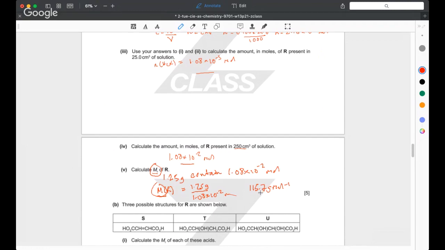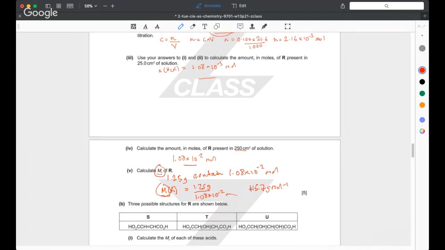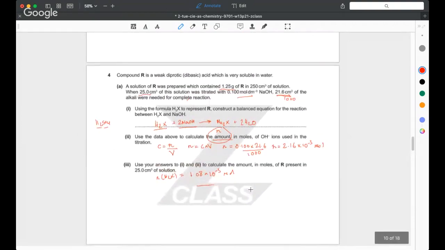So the relative molecular mass is 115.7, but if you check back through the question here, at all points, you've had 3 significant figures. Even the concentration is expressed as 3 significant figures.